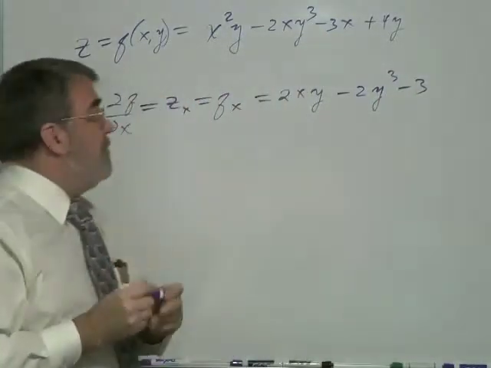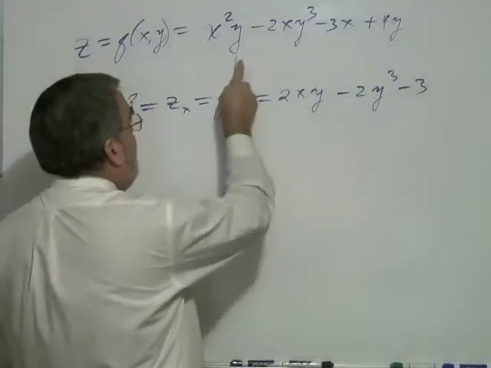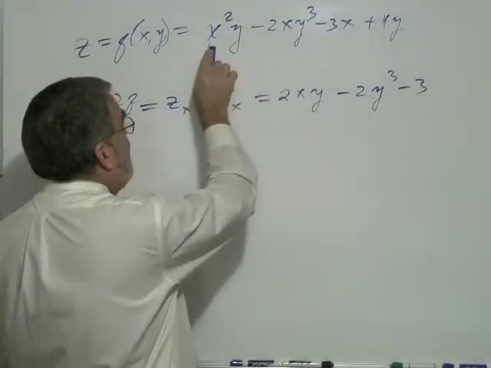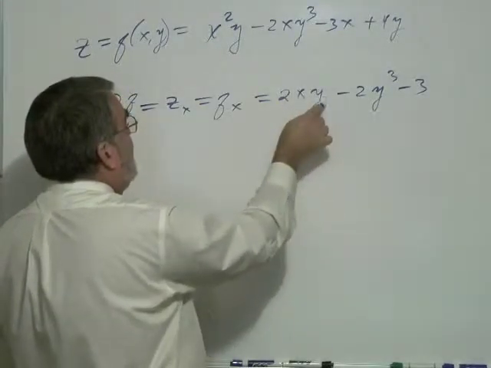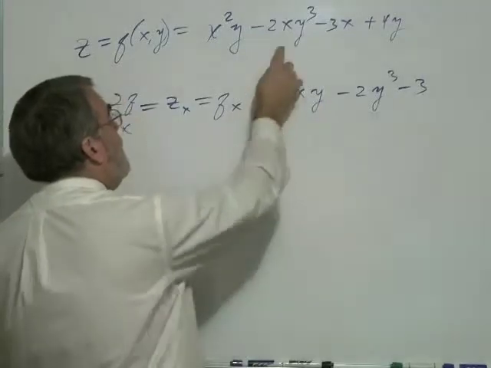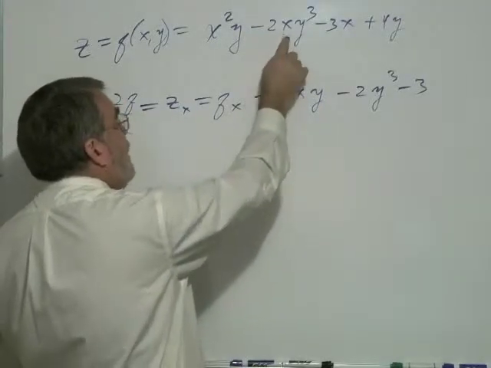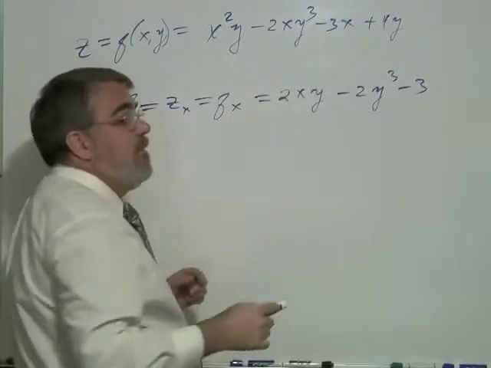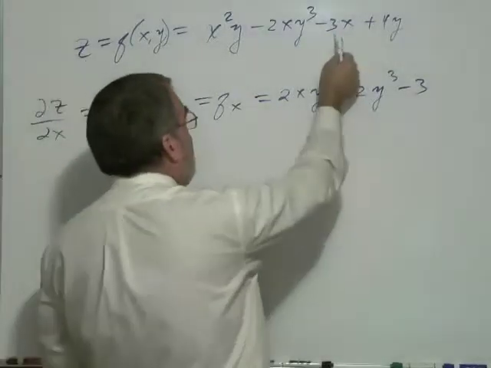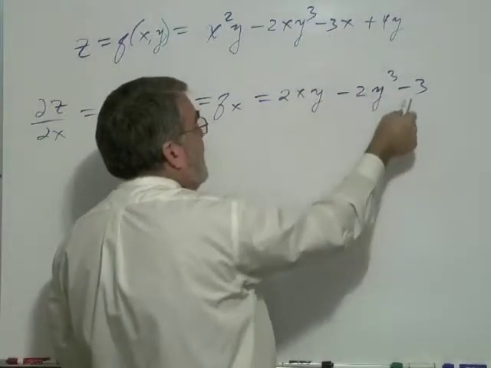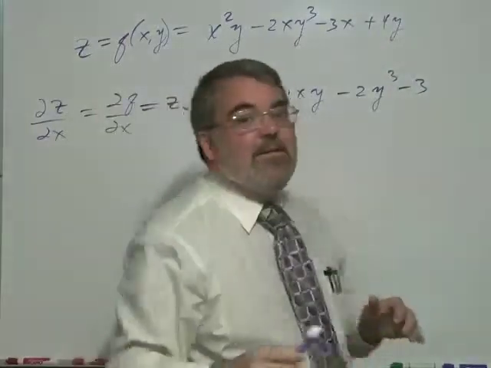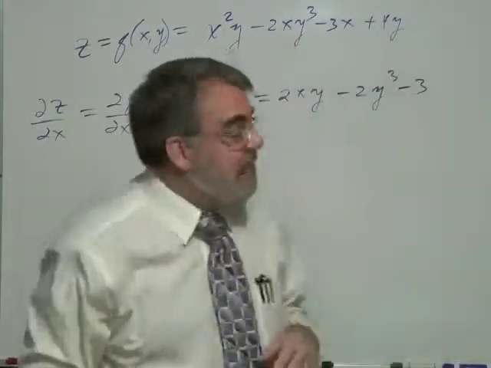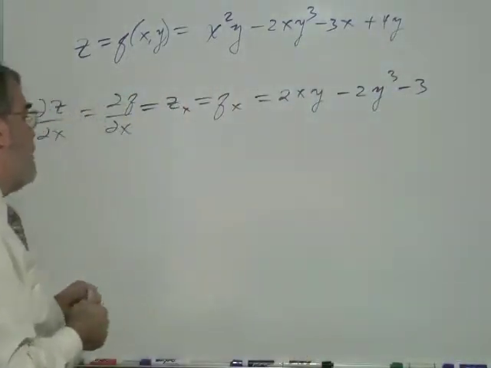So let me explain that. If we let y be a constant, then I take the derivative of x squared and I get 2x times my constant y. This derivative is minus 2 times constant y cubed. This derivative with respect to x is negative 3, and that derivative, since y is a constant, is going to be 0, so we don't write it.